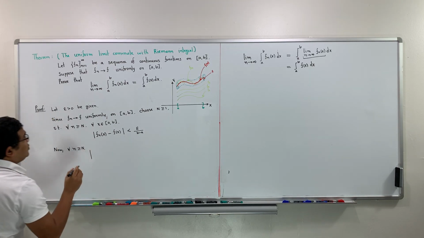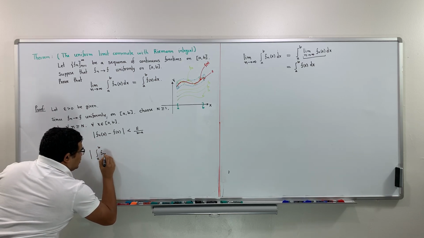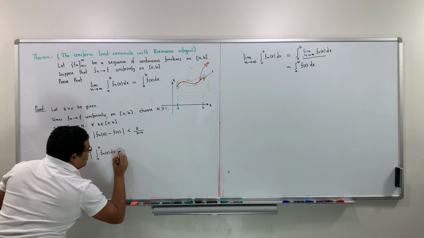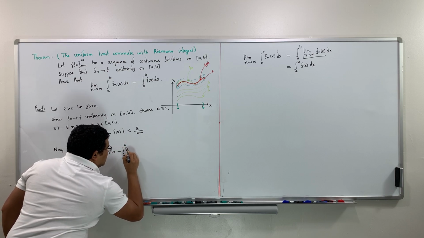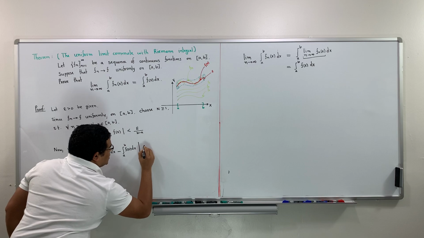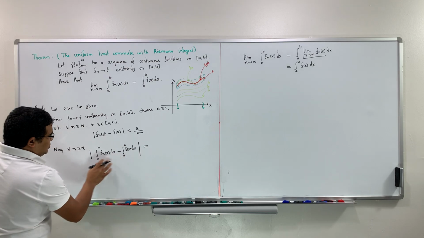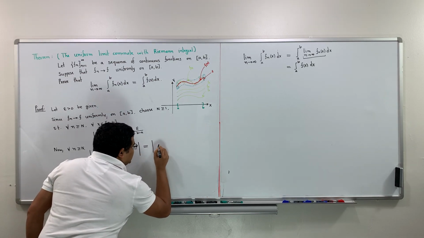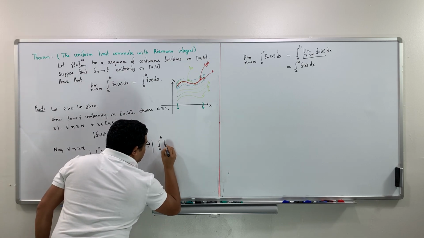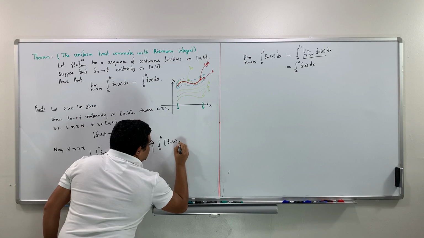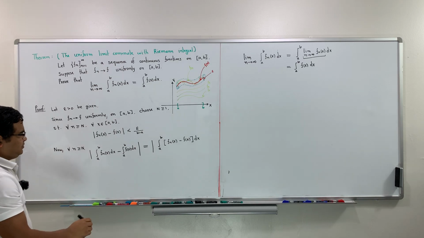So the absolute value of the integral from a to b of f_n(x) dx minus the integral from a to b of f(x) dx. From the properties of integrals, we can write this as the absolute value of the integral from a to b of f_n(x) minus f(x) dx.